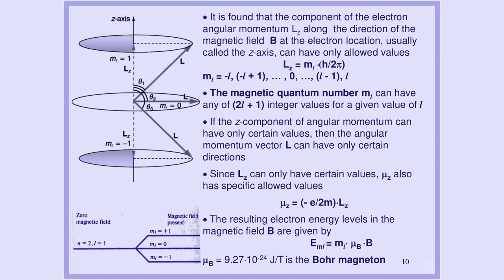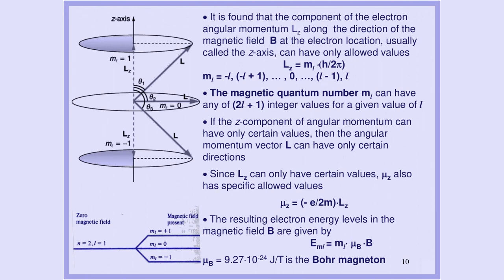It is found that the component of the electron angular momentum Lz along the direction of the magnetic field, marked B at the electron location, usually called the z-axis, can have only allowed values.